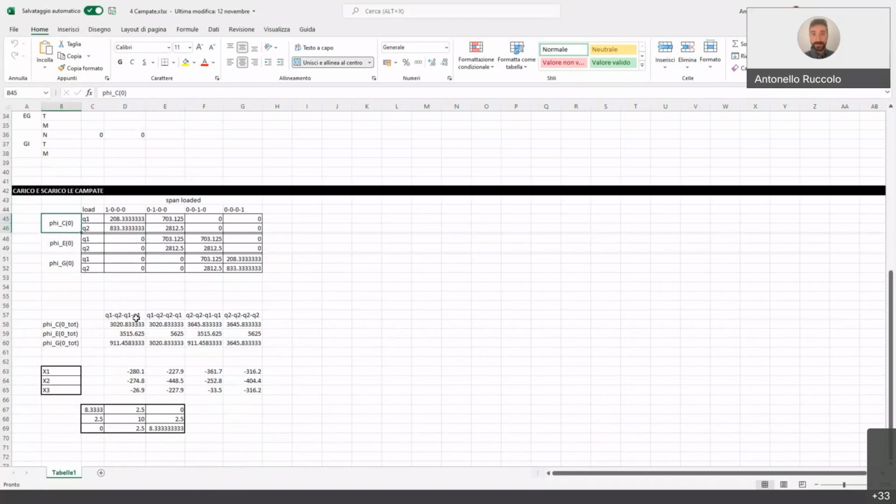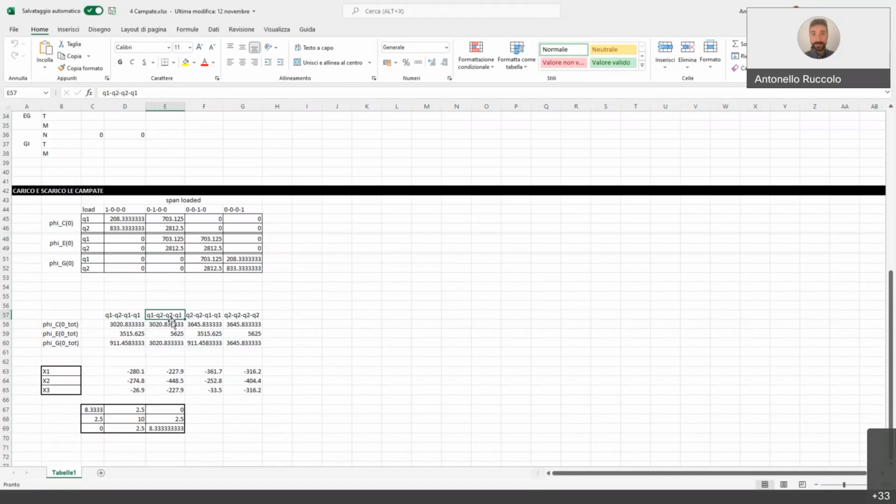So we can consider different cases when we want to load each beam with a load Q1, Q2, Q1, Q1, for example. So we want to maximize the load only on the second beam.